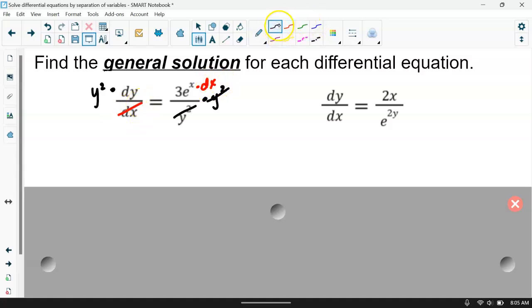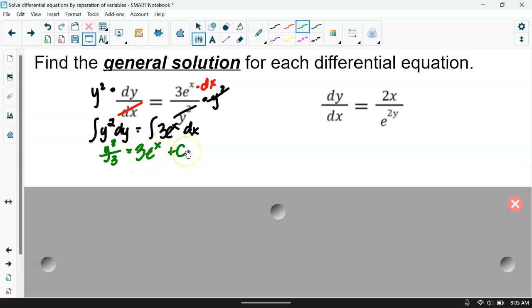So again, same as before. And then we're going to find the integral of y squared with respect to y, which is equal to 3 times e to the x with respect to x. So now here I've got y to the third over 3, which is equal to still 3 times e to the x plus c.